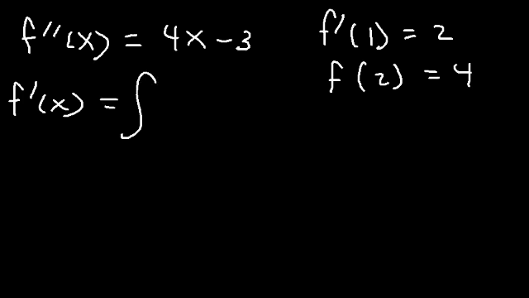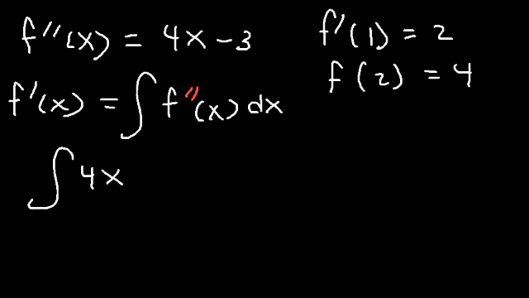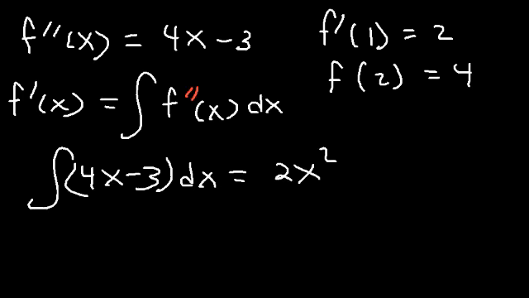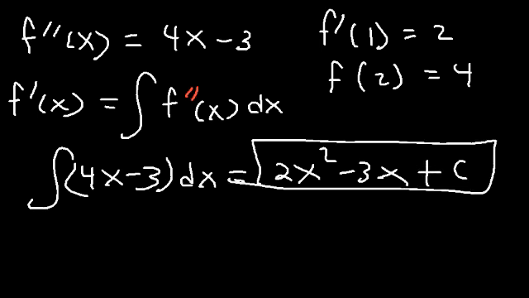F prime of x is the integral of f double prime. The antiderivative of 4x minus 3 dx is 4x squared divided by 2, which is 2x squared, minus 3x plus c. So this is the function f prime of x, which means we need to use the point 1, 2 to find the value of c.